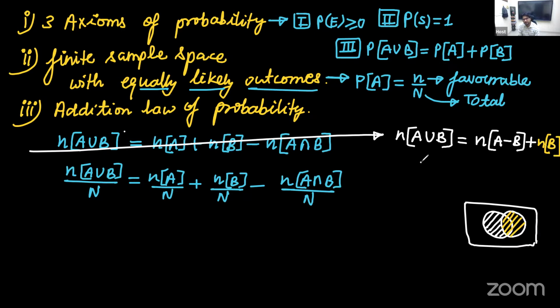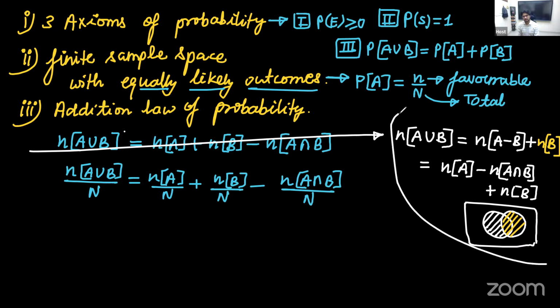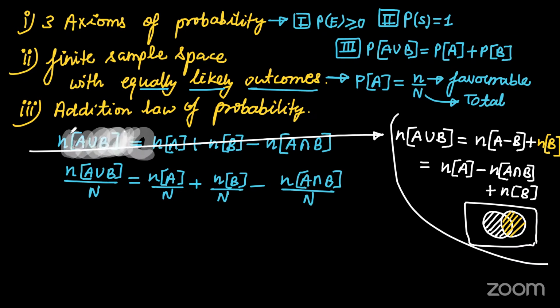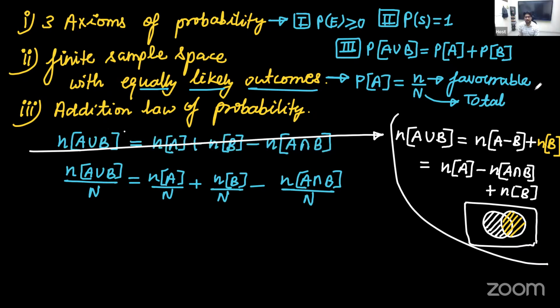A minus B is A minus A intersection B. Yesterday I told you that mathematical proof is also possible. Look, this is the mathematical proof. What is the name of this principle? Inclusion-exclusion principle.